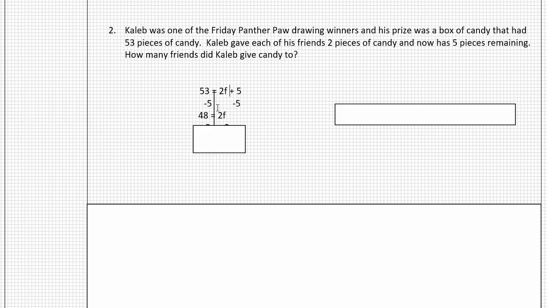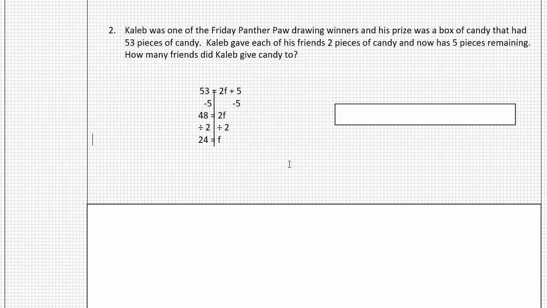So all that's left is the term 2f. And since f is being multiplied by 2, we have to do the opposite operation. Well, the opposite of multiplying by 2 is to divide both sides by 2. And 2 divided by 2 is just going to leave us with the variable f, and 48 divided by 2 equals 24.